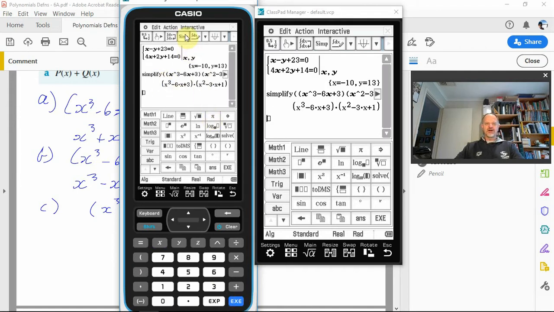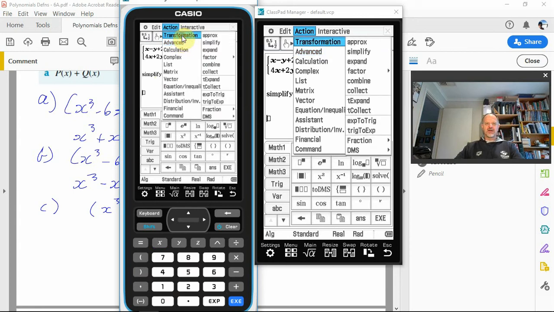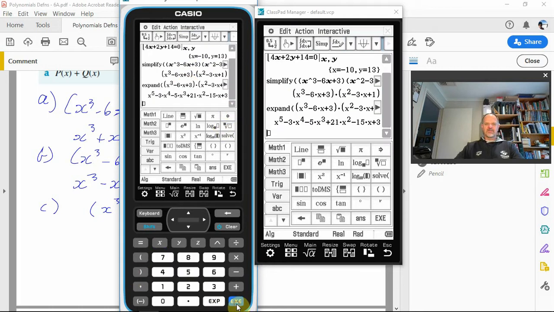So I've used the wrong function, haven't I? Action, advanced, expand, not simplify. All right, let's just drag that down. There we go, that's better. So it's x to the 5 minus 3x to the 4 minus x cubed plus 21x squared minus 15x plus 3.